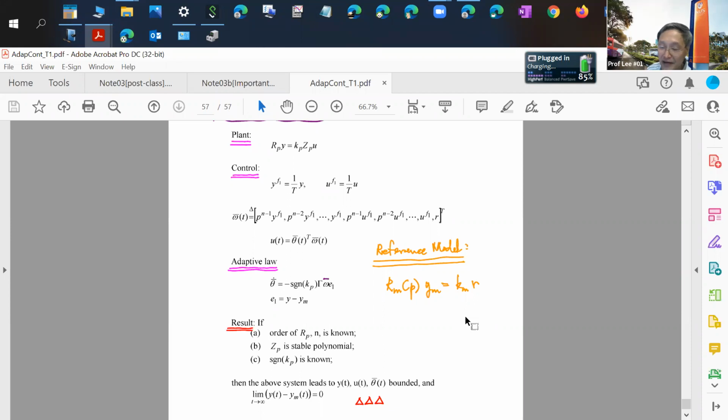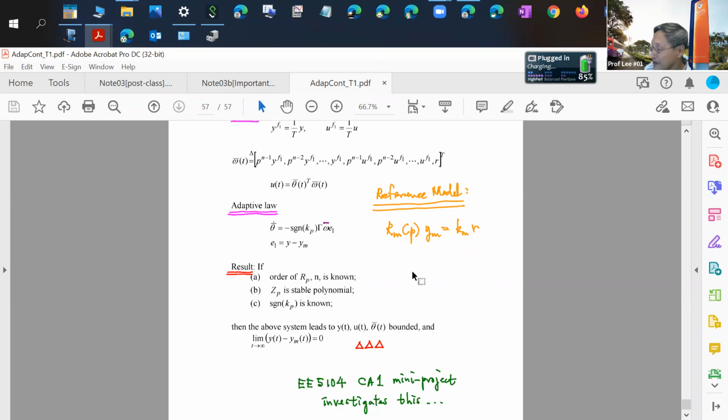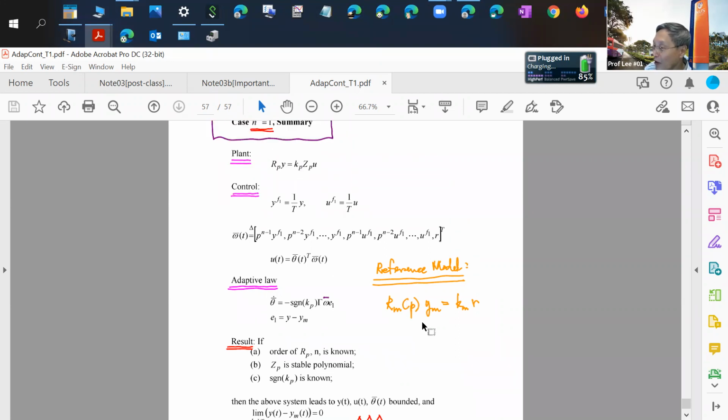But never mind, you will need a few more times to carefully look at it, be aware of it, and then note that you get this result for this adaptive controller, which indeed you will get a chance to explore in both 6104 and 5104 CA1.